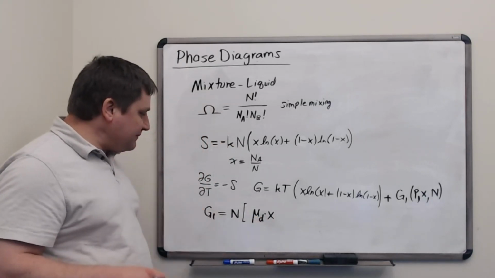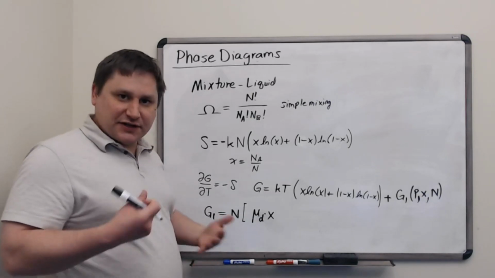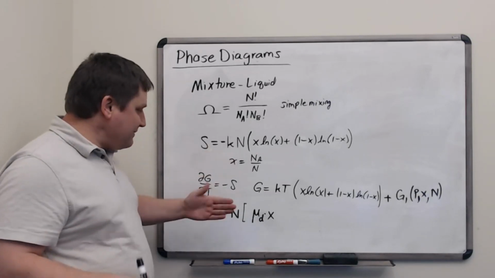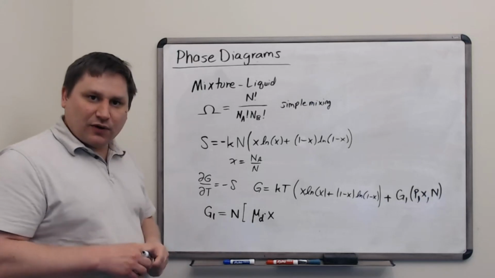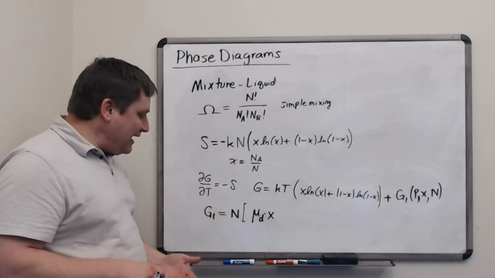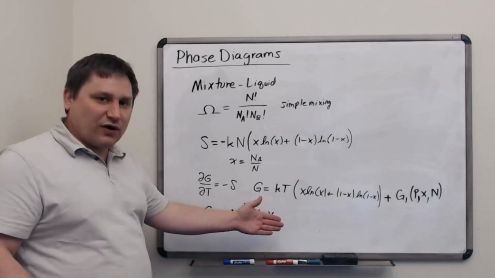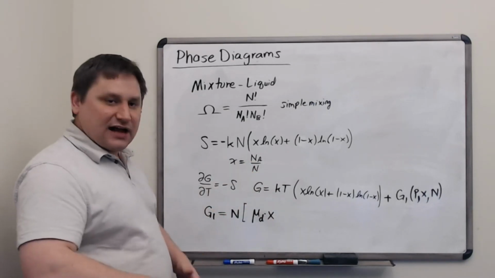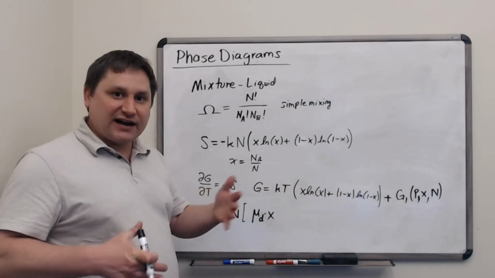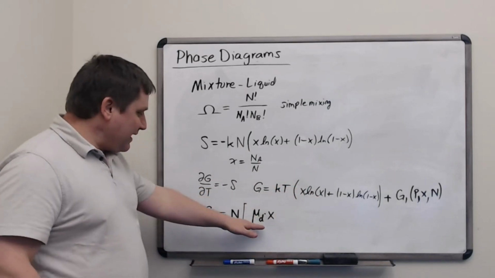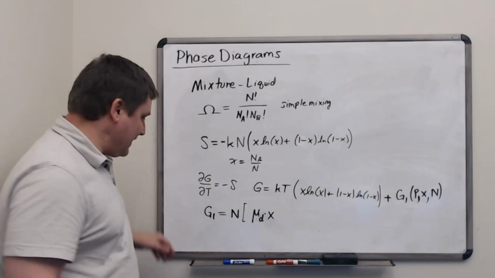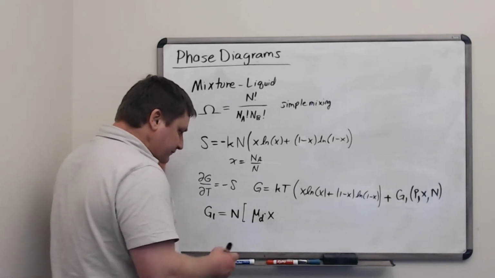So this mu sub D kind of represents a chemical potential difference between particle A and particle B. It's not so important what its value is. It could be positive or negative, but this term just represents a favorability towards one molecule versus the other. We're still able to put as many of each kind as we want into the system, but we might pay a price in Gibbs energy for having that arrangement.